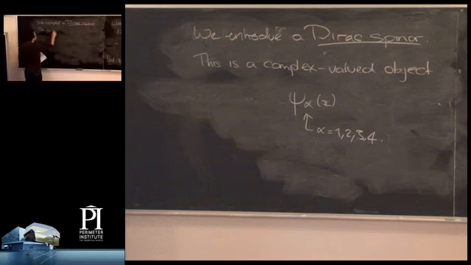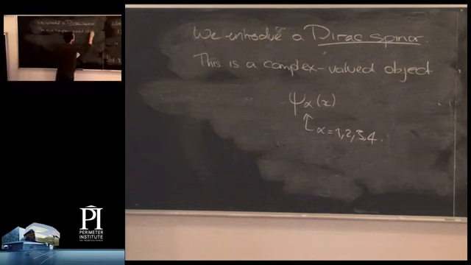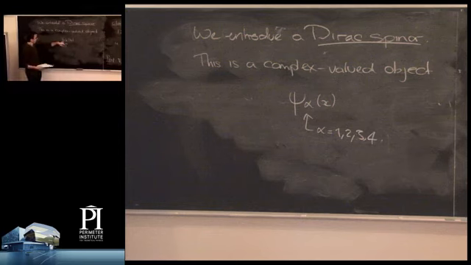And this is a complex valued object, which I'm going to call psi. So it's a field now. Okay, it's a field over space, just like these scalar fields. And this alpha runs over 1, 2, 3, 4.